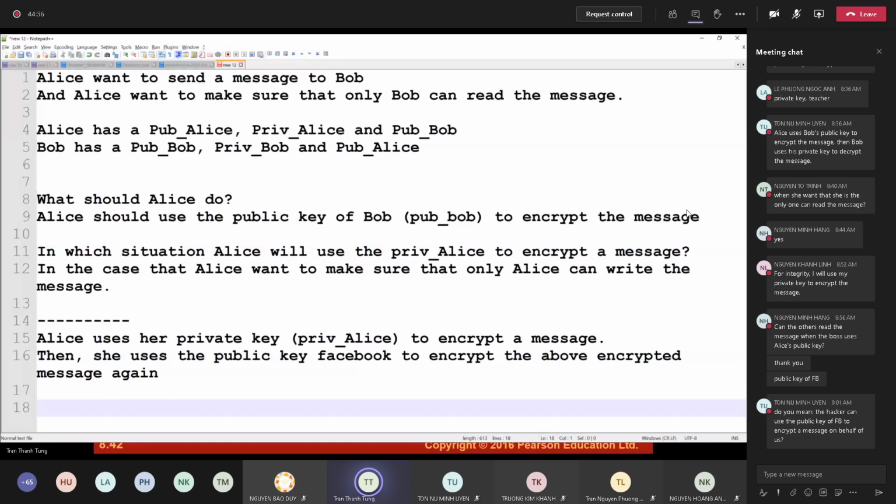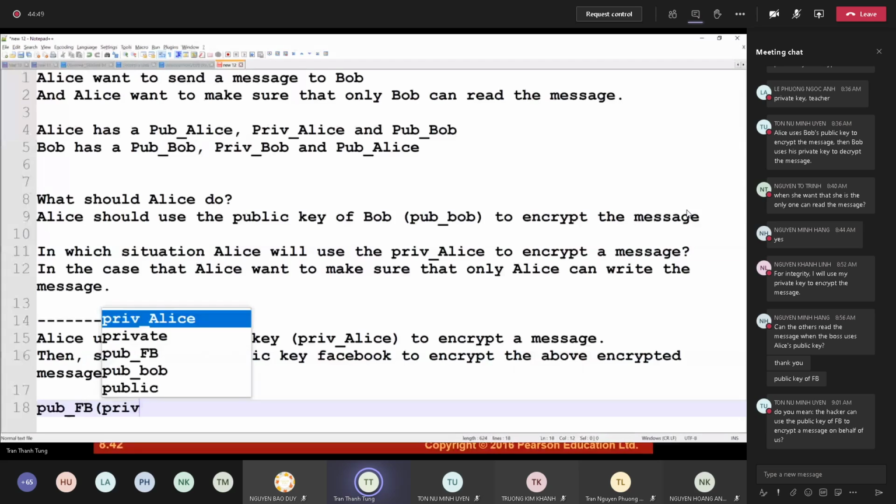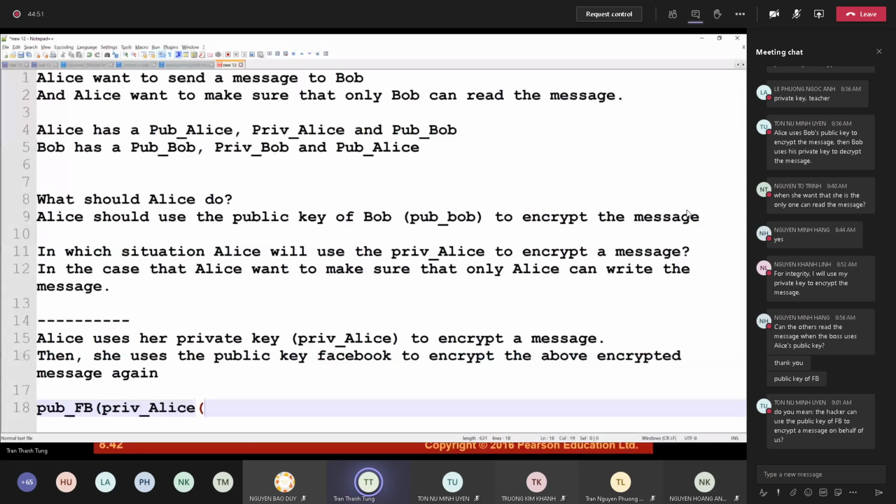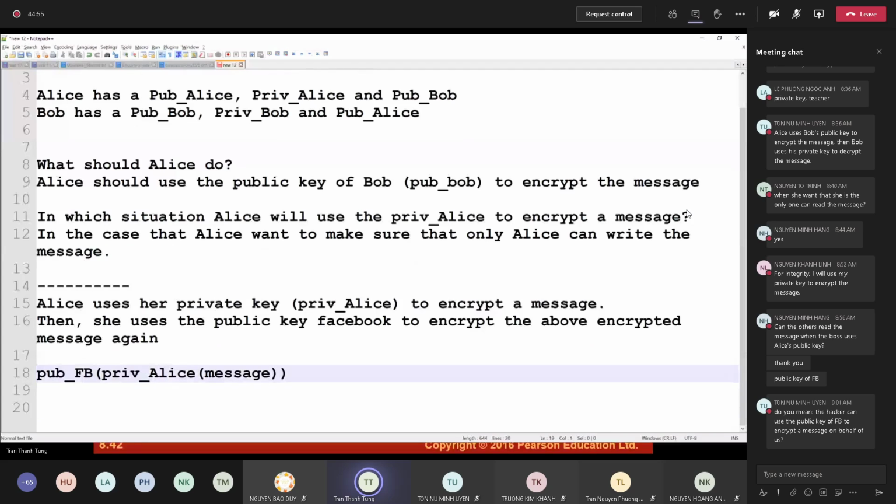So it means we use the public key of Facebook to encrypt the message already encrypted with the private key of Alice. Okay, this is the situation Uyên was asking about.